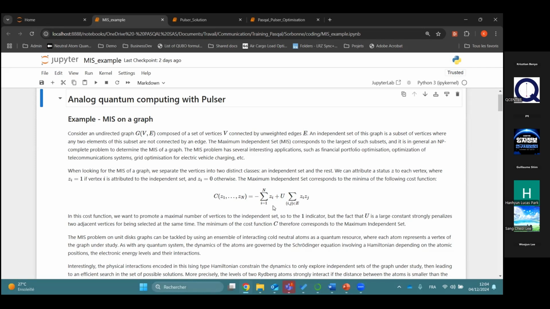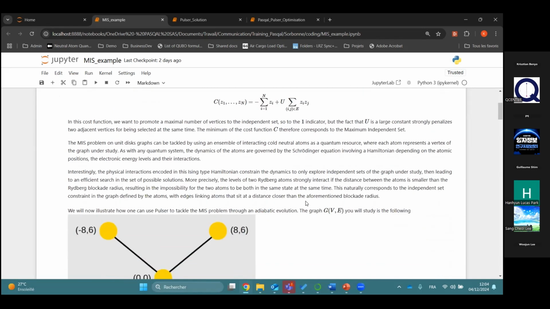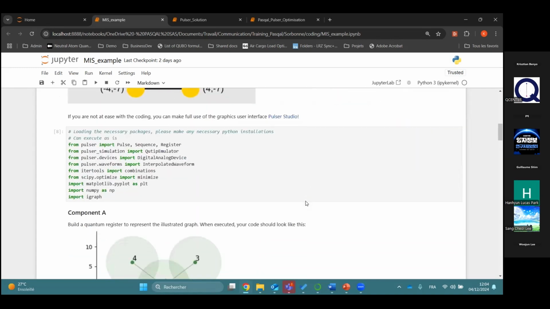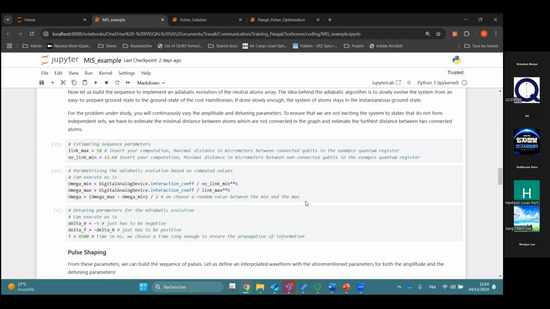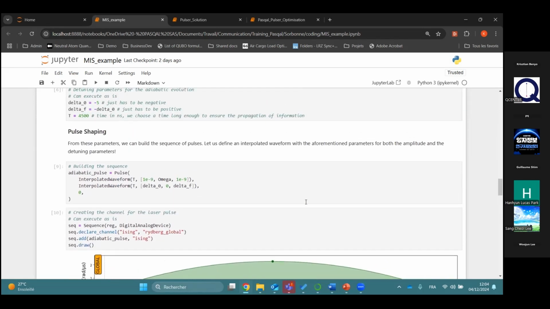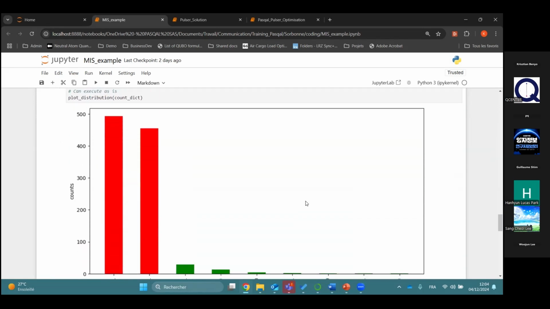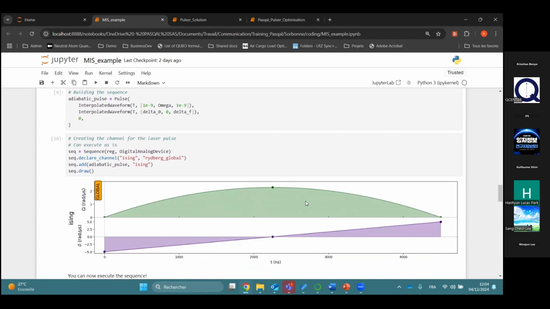Therefore, we can use solvers for QUBO type problems in order to try to solve the MIS problem as well. What I've illustrated on Monday is the adiabatic evolution, which was nothing else but the quantum adiabatic algorithm applied for this QUBO type problem that actually solves the MIS formulation. But this is not the only way to go about this.